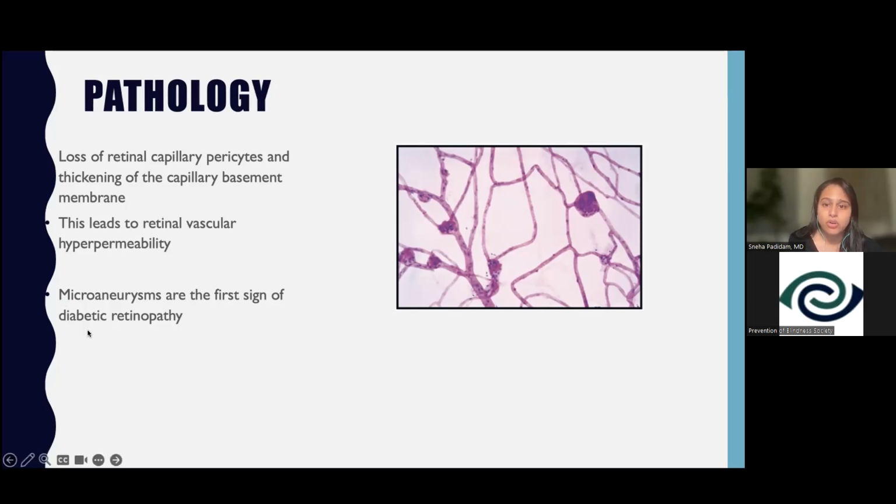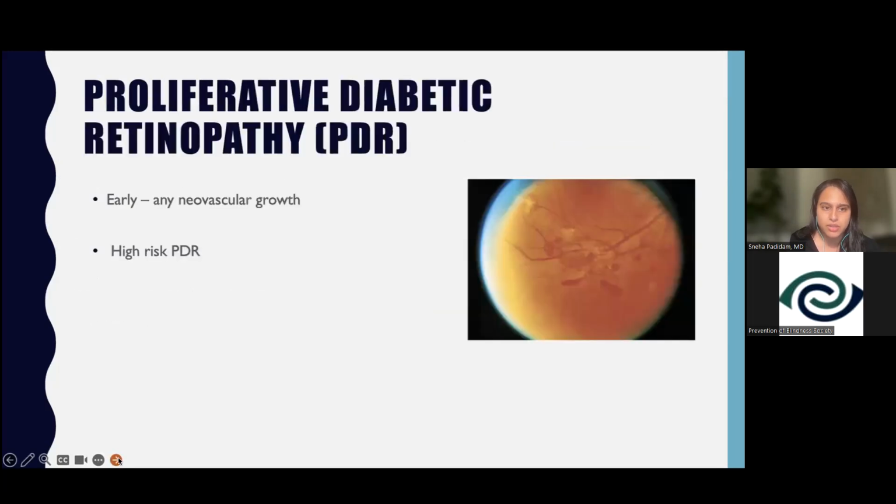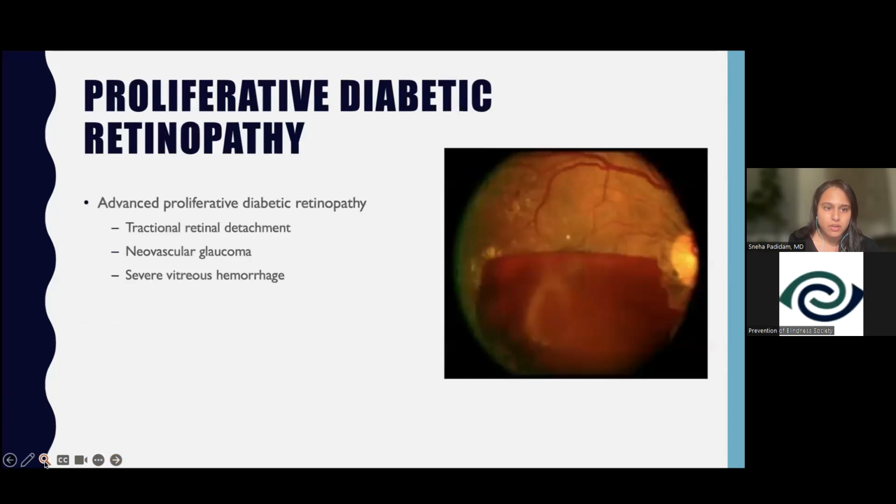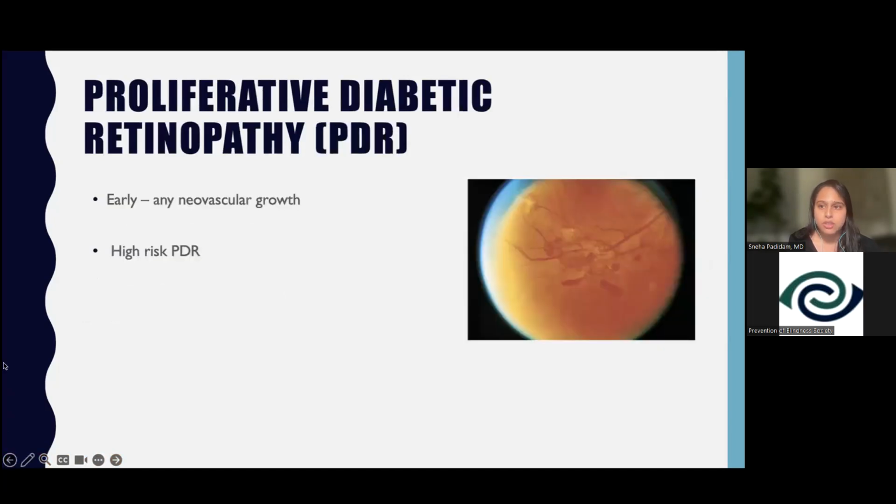And we can see early signs on our retinal exams in microaneurysms, which are these outpouchings of the blood vessels, and that shows damage.